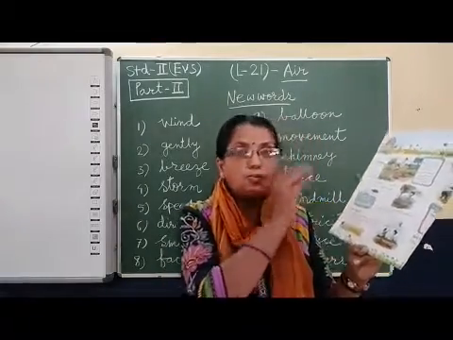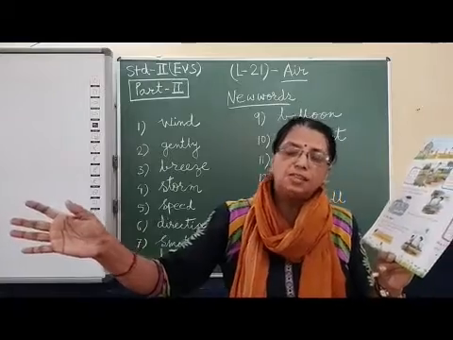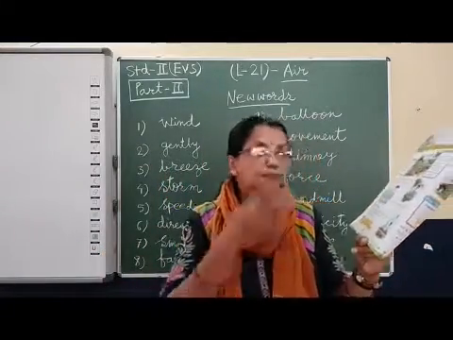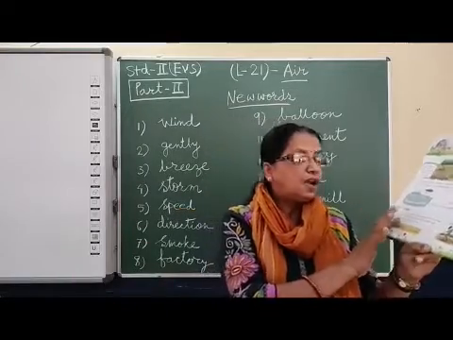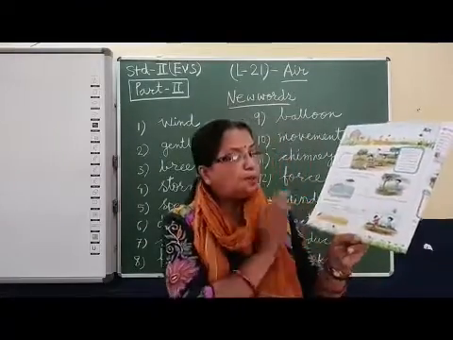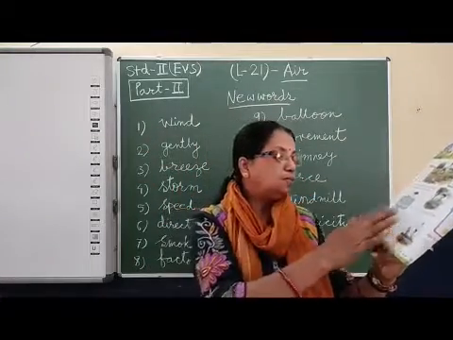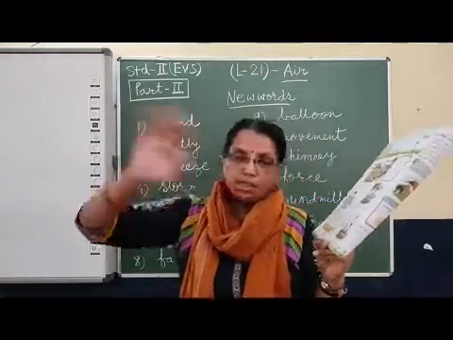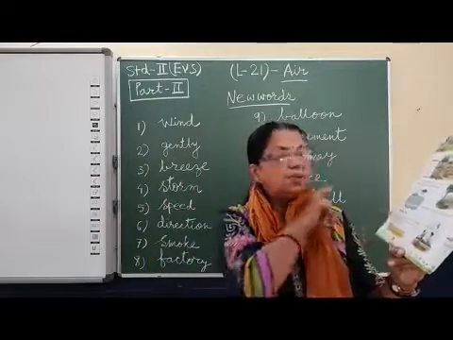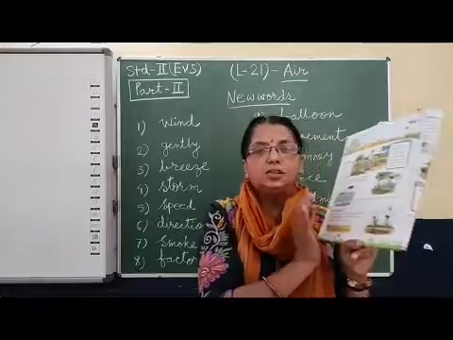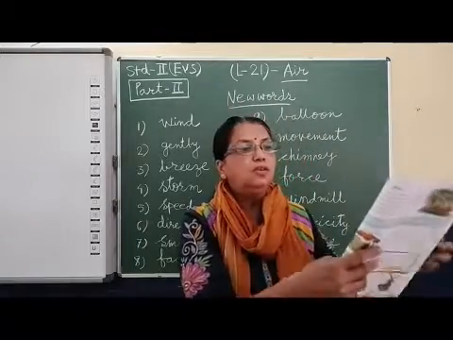Then we have learned that when air blows very fast, that is called storm. It destroys things, uproots trees also. Due to the speed of air, we can fly kites, and smoke will go in one direction. Now, very strong wind is called gale. That also we have learned on this page. Now, next page.